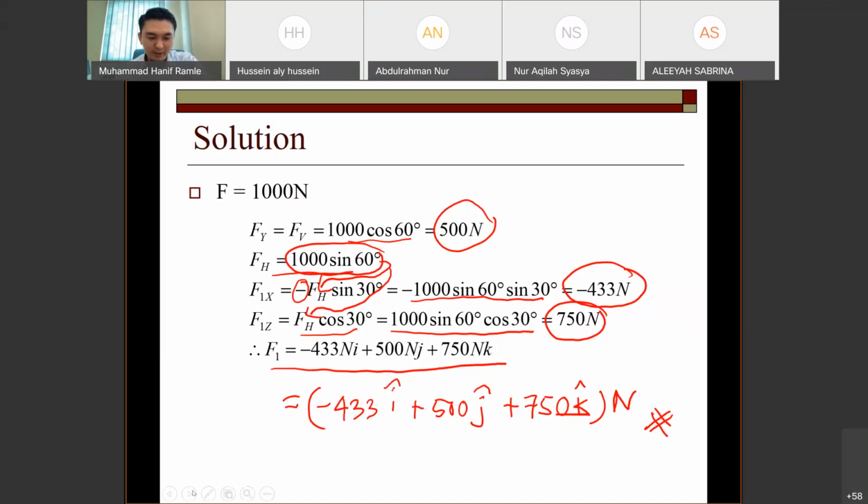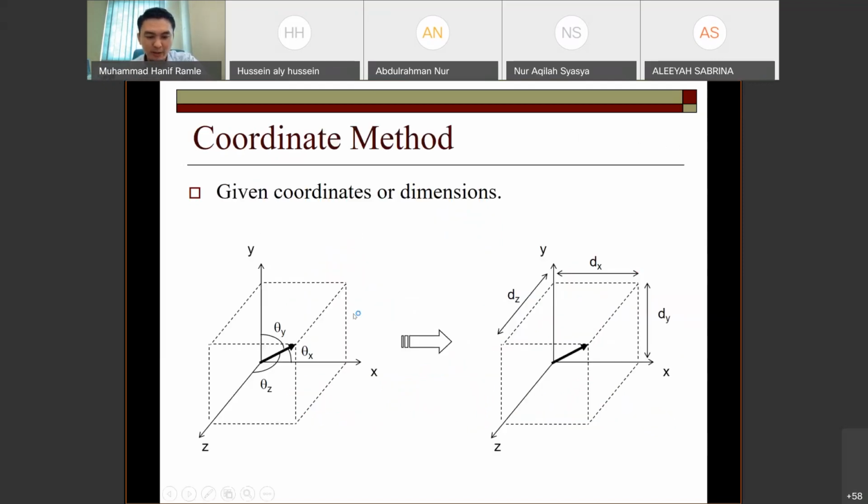Okay, if no question, I proceed to the next one, the last method, for the 3D particles. So this is the coordinate method. The coordinate method does not use any angles for the solution, but we use the length to calculate.